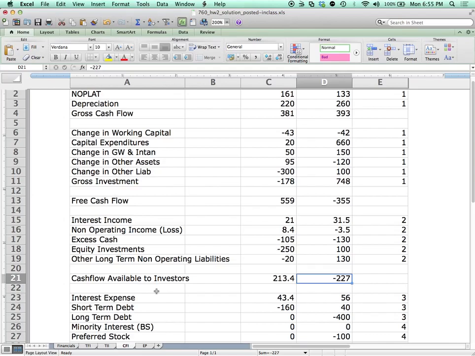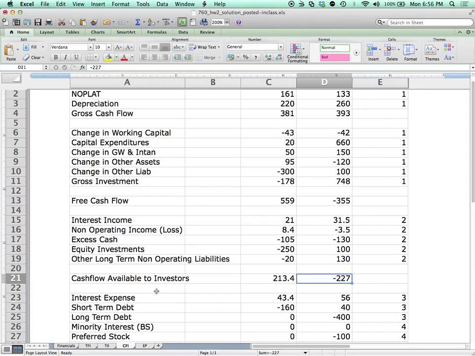Yes? Almost that exact same thing screwed me up for a while on Sunday when I was trying to do this, because I kept including interest income into after-tax non-operating income on my CFI. Is it excluded because it's not cash? No, it has to be in there.